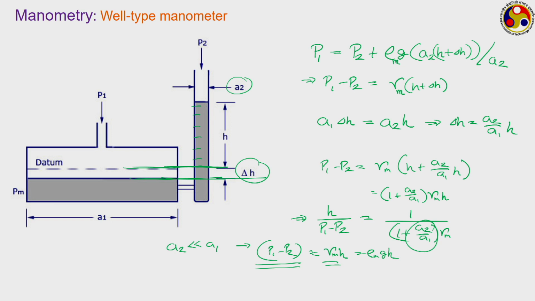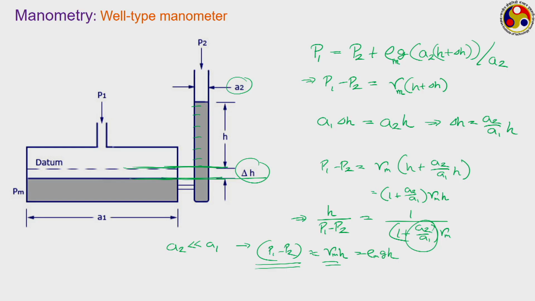However, if you are looking for measurement of either very large pressure or very small pressure difference between P1 and P2, or very frequent changes in pressure, we may have to look for different devices.